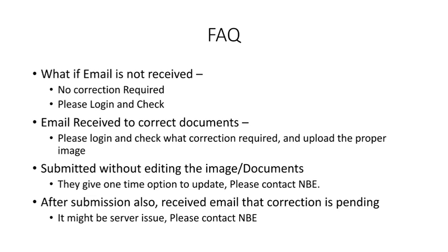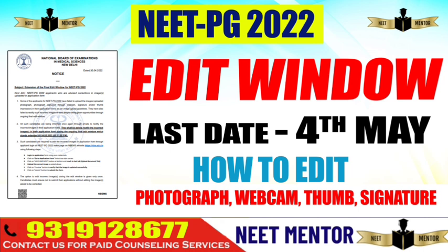Now let's talk about some specifications, because there are 4 options. You can edit the photograph, webcam or live photograph, thumb impression, and signature. These are the 4 documents which they ask you to upload, and you need to upload them with the correct specification. Now let's learn the correct specification.